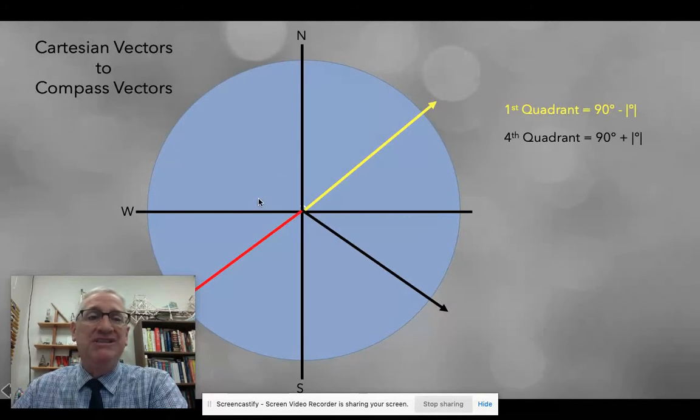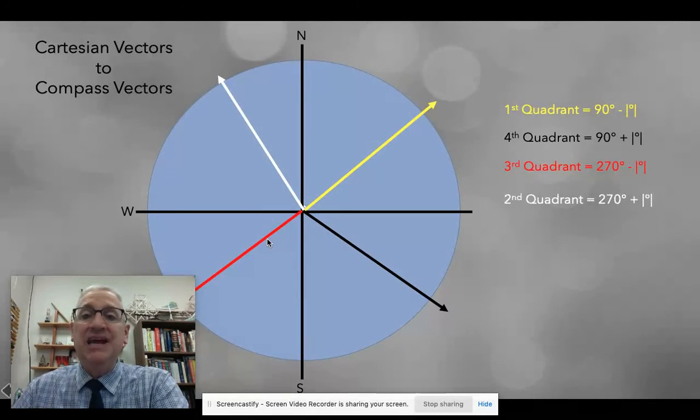Then what happens in the third quadrant? In the third quadrant, we take 270 and we subtract this value, and that'll give us the value from north all the way around to this red vector. And then in the second quadrant, we go 270 and we add that value.